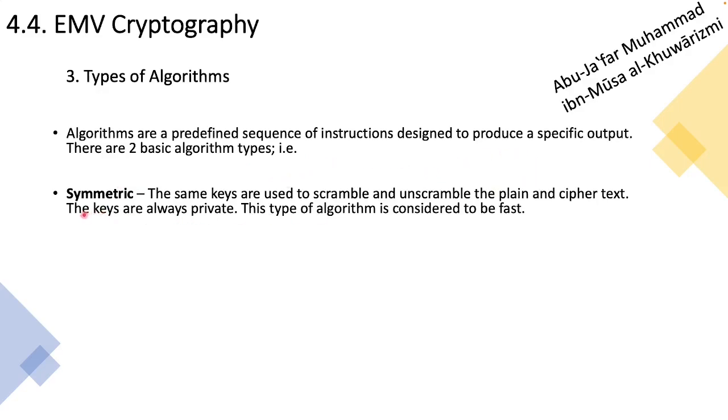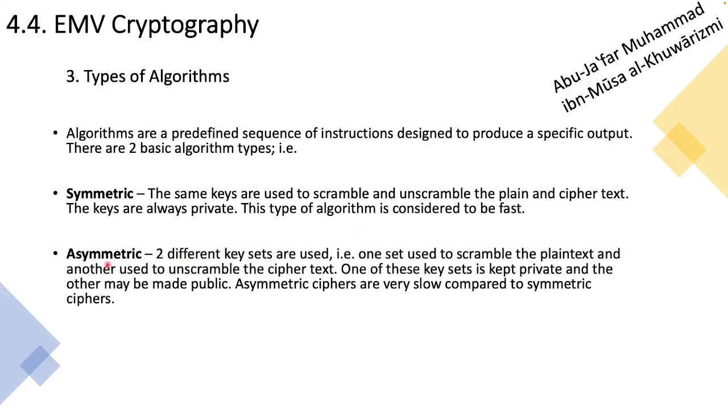These keys are always private, so you would never share this key with unauthorized persons, or make it available publicly. You would always keep symmetric keys private and secure. This type of algorithm is considered to be quite fast.